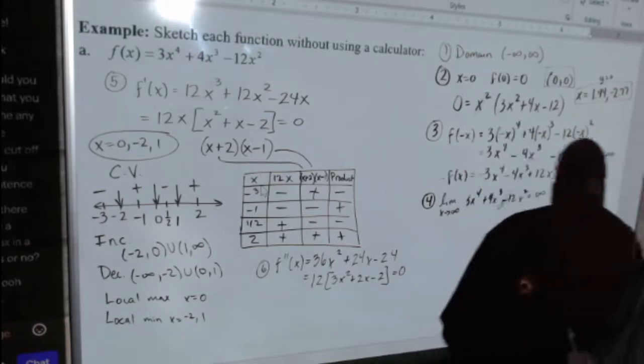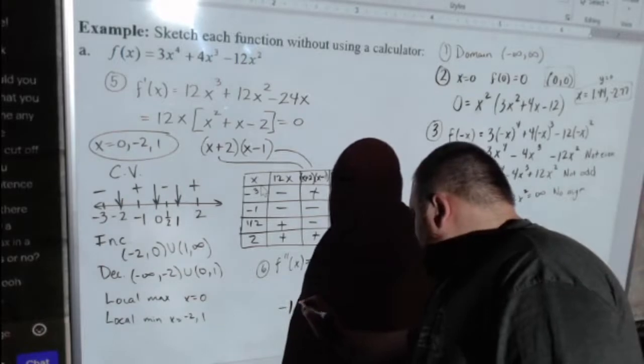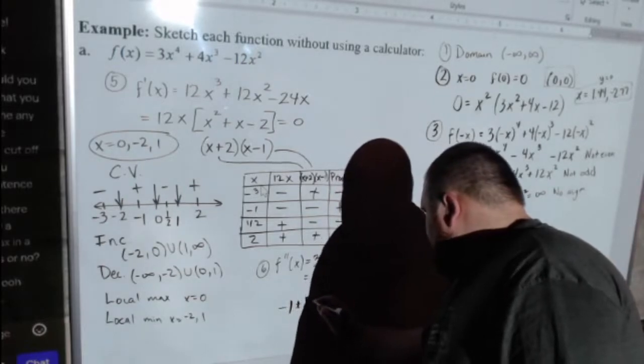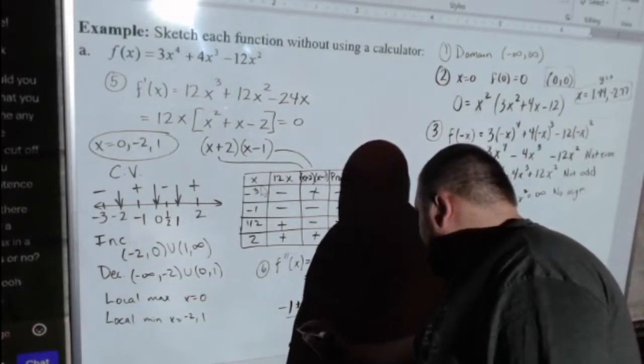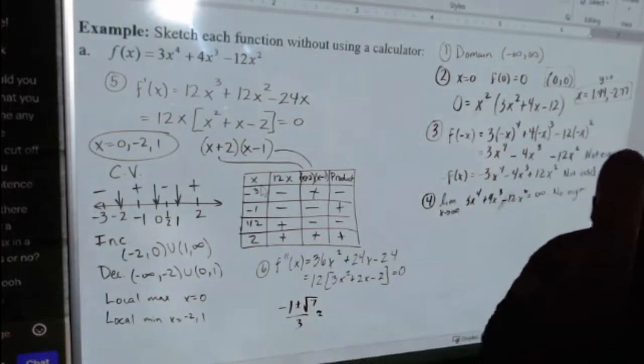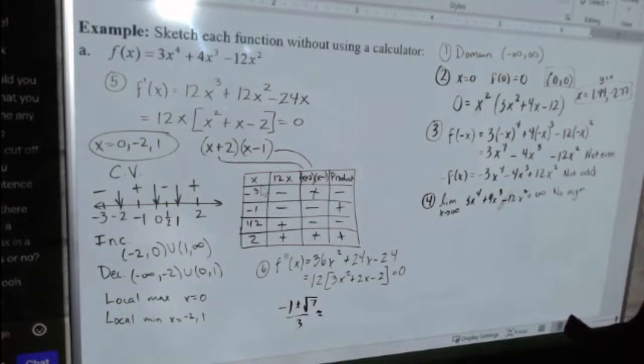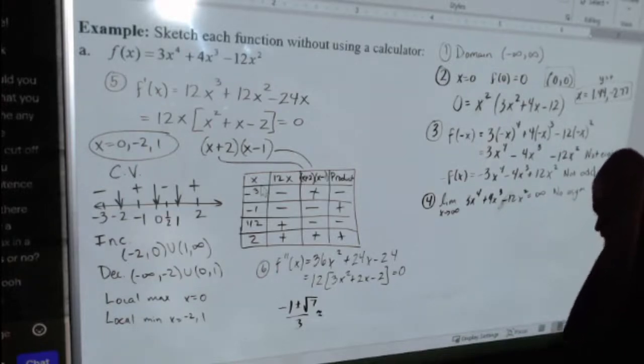So yet another ugly number. And those are approximately let's just say 5.5.